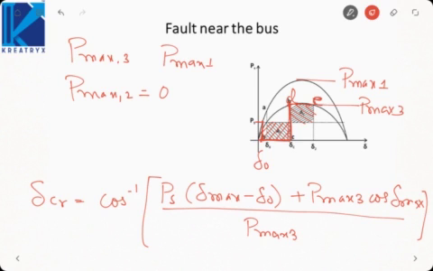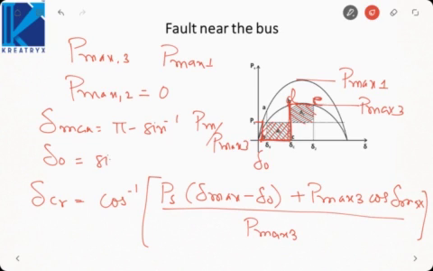This will be our critical clearing angle, where delta max is pi minus sine inverse Pm by Pmax 3, and delta naught is sine inverse Ps by Pmax 1. So you can make it also Ps by Pmax 3. So these are the angles that we will use here.